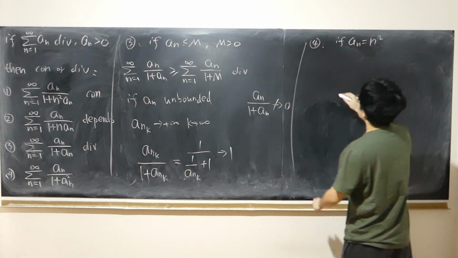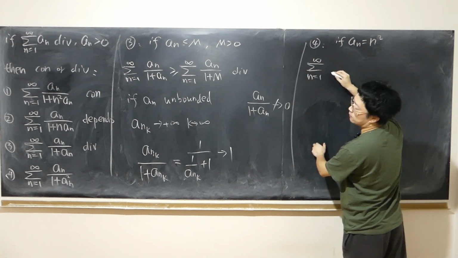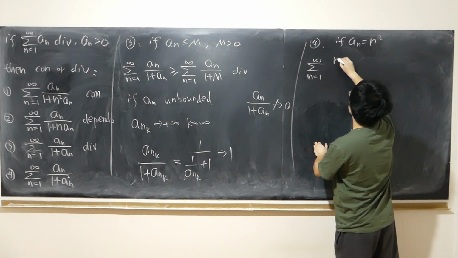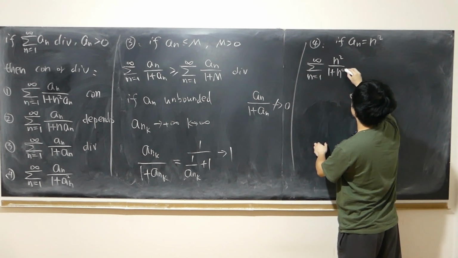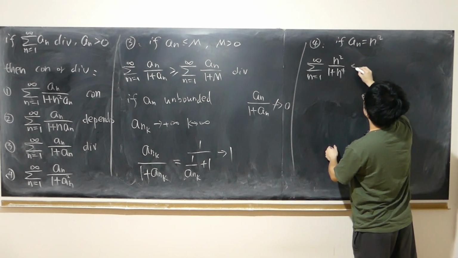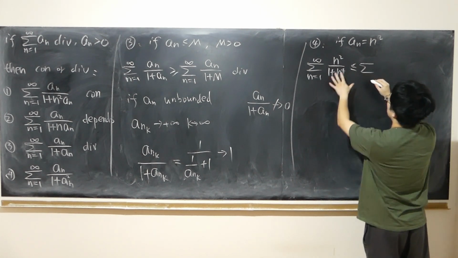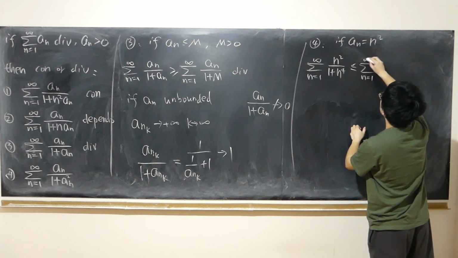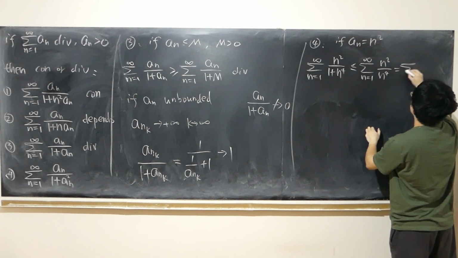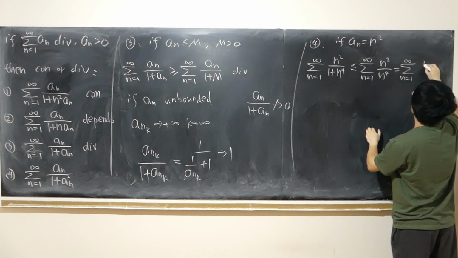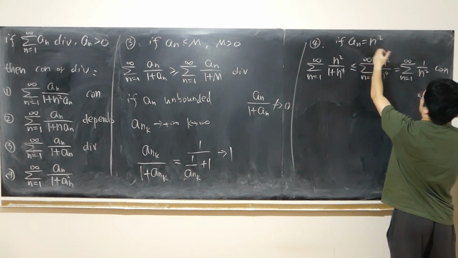In that case, I have the infinite sum from n equals 1 to infinity of n squared over 1 plus n to the 4th, which is of course no larger than, getting rid of the 1 down here to make it a little bit bigger, n squared over n to the 4th, the sum from n equals 1 to infinity of 1 over n squared. Obviously convergent.